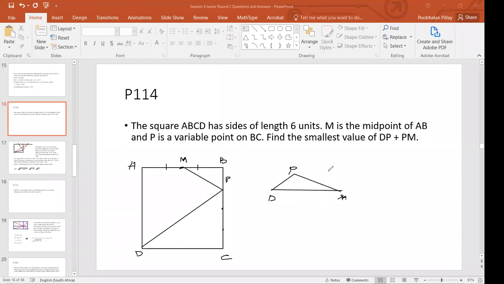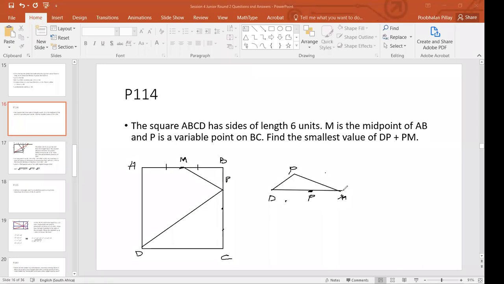So if I ask, where must P be so that DP plus PM is as small as possible, no matter where, if you take it outside this line, you will always get a sum, DP plus PM, bigger than DM. So to get the smallest possible value, now this is the crunch, the most important point about this: you have to choose P on the line to get DP plus PM as small as possible.